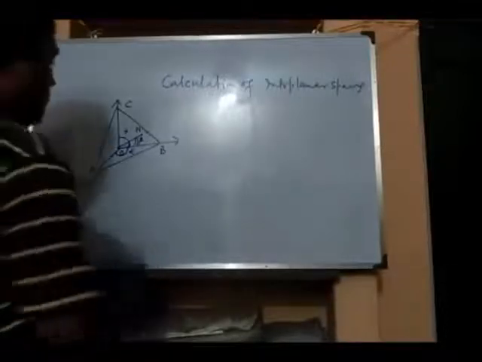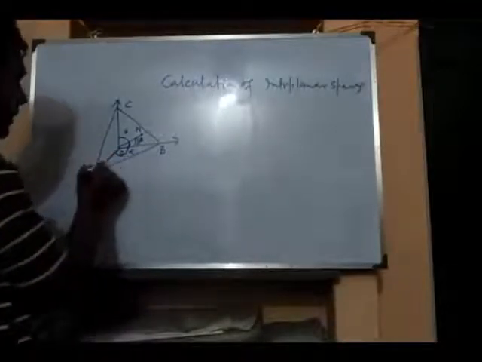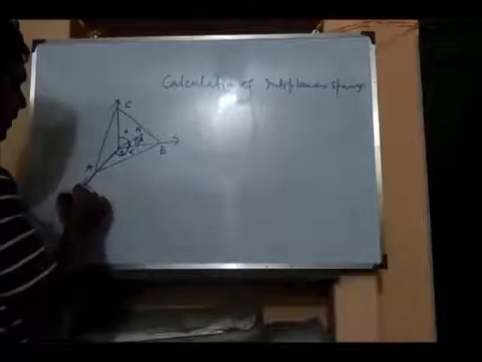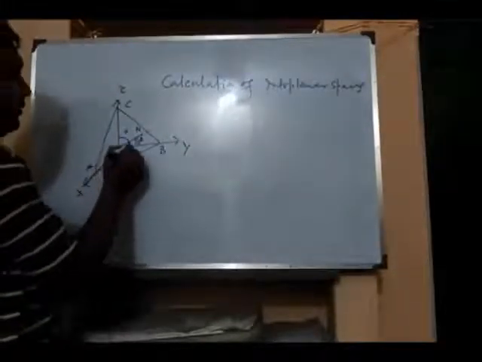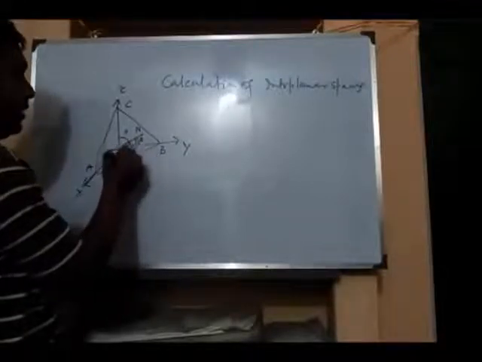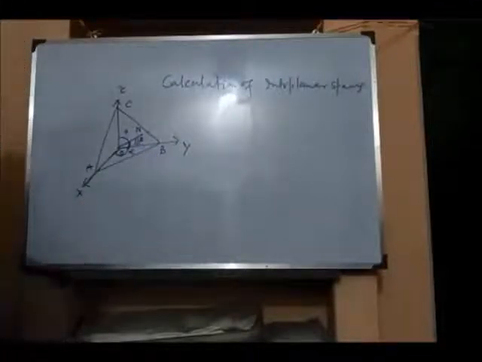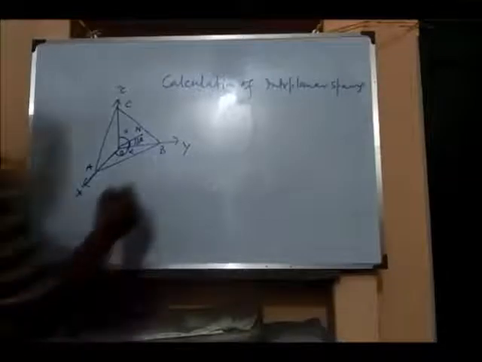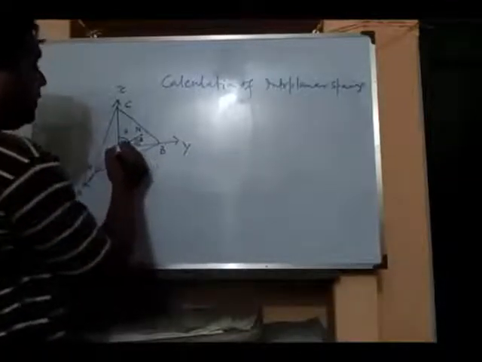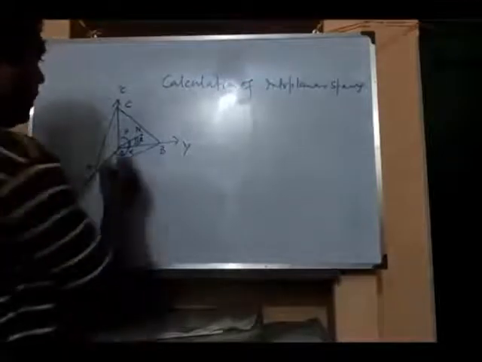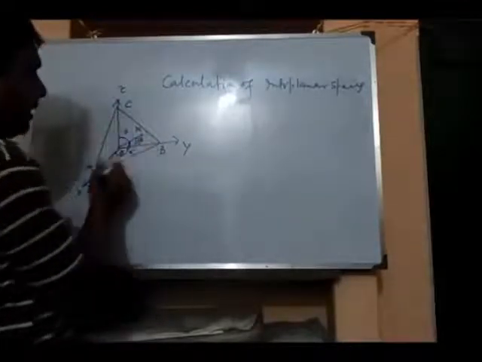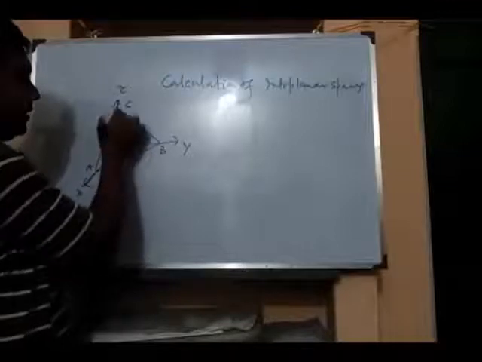So alpha is the angle between this normal and the x-axis, we assume this is the x-axis, this is y, this is z. So alpha is the angle of this normal with the x-axis. Beta is the angle between this normal and y, and gamma is the angle between ON and OZ.